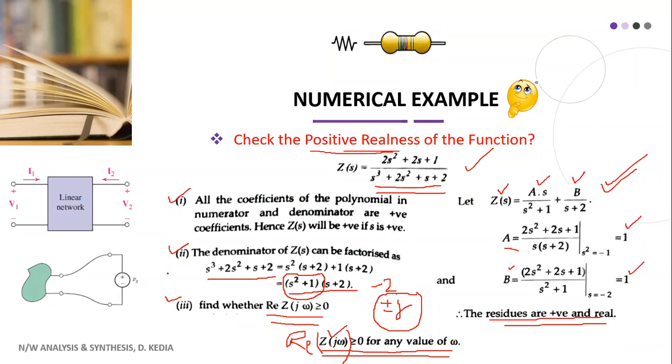Then we will check the residues are positive and real or not. If residues are positive and real, then we'll move to third condition and determine the real part of that given function for s equal to j omega, and the real part must be greater than equal to 0 for all values of omega. Then we will say that the given function is a positive real function.